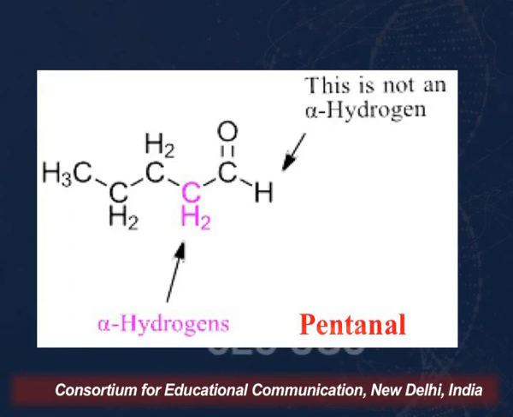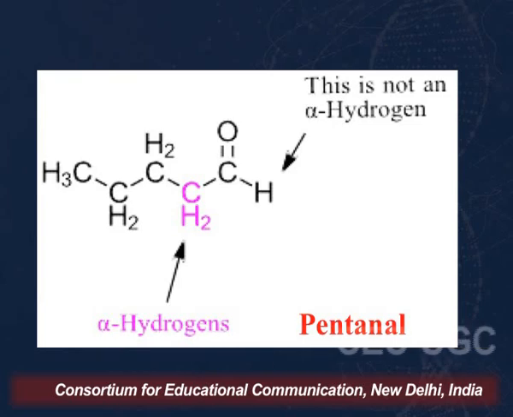Whereas the hydrogens which are shown in purple, and which are attached to a carbon again indicated in purple, are acidic in nature. The carbon next to this carbon, on the left hand side, is the beta carbon, and the next carbon is the gamma carbon.